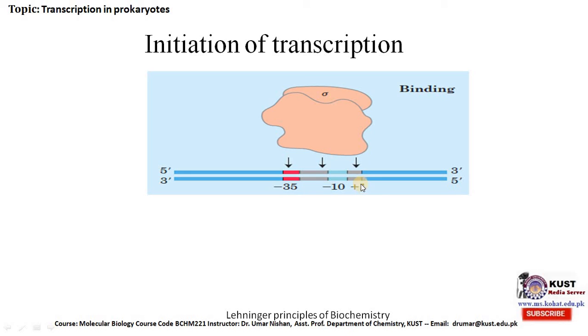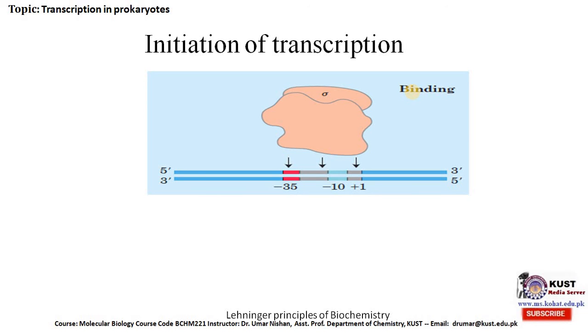This +1 is showing the start point of transcription; downstream from here is represented by a plus sign, and upstream from the start point is represented by minus. So the -10 region means 10 base pairs upstream, and -35 means 35 base pairs upstream.